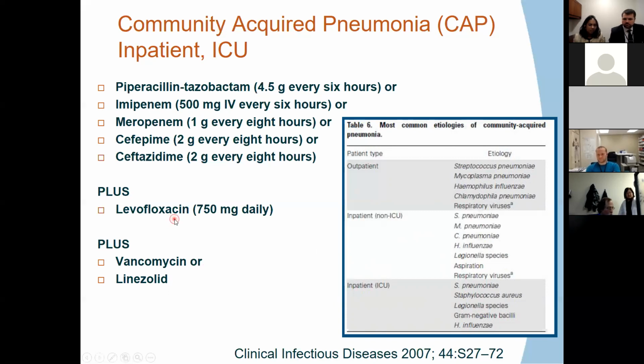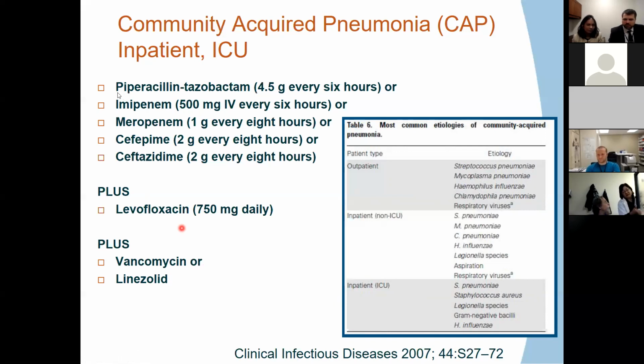The interesting thing about Legionella is that there are a lot of different species, but the majority of the infection, about 70%, is caused by type 1. So if you are able to get a Legionella urine antigen, that's awesome, because if it comes back negative, you could get rid of the levo, but if it's positive, then you could actually treat with levofloxacin.